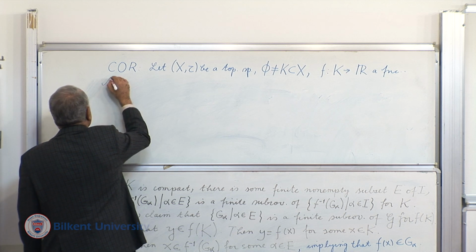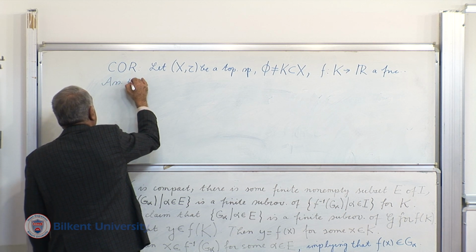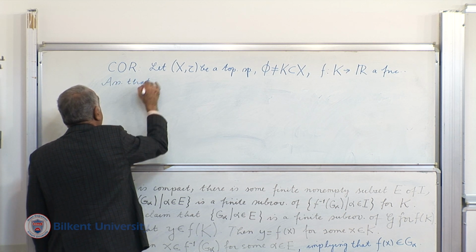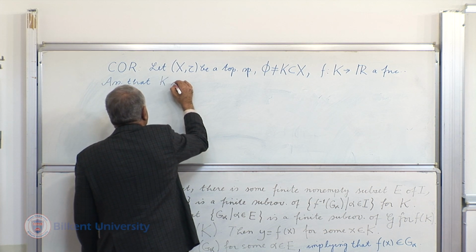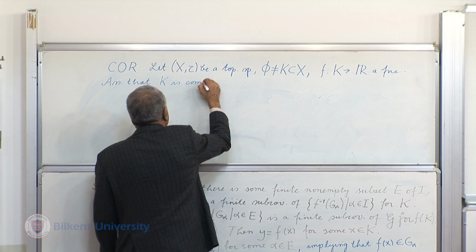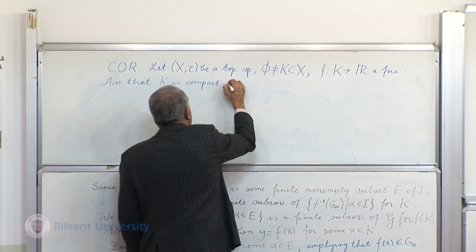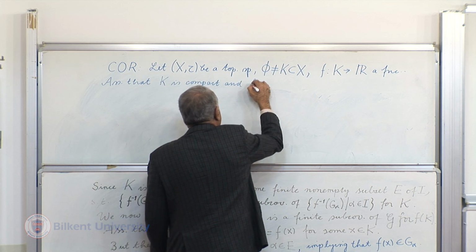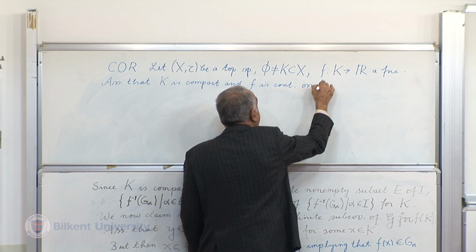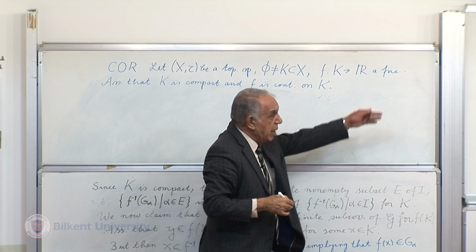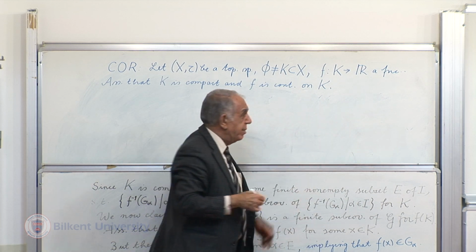Assume that K is compact and f is continuous on K. So we have all the hypotheses of the theorem.